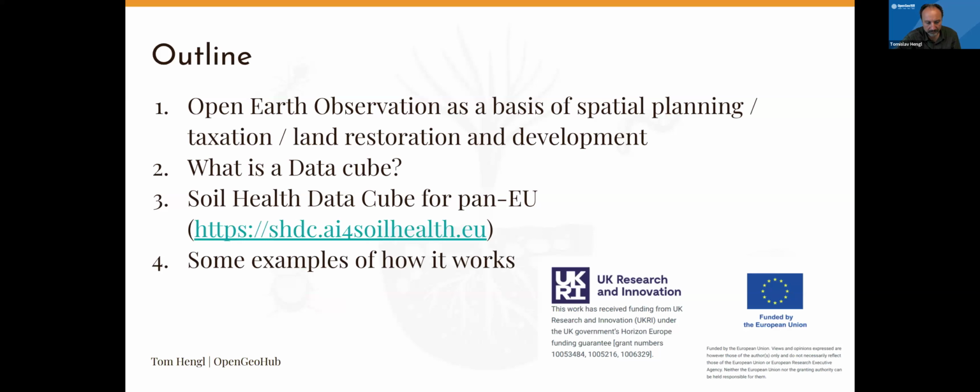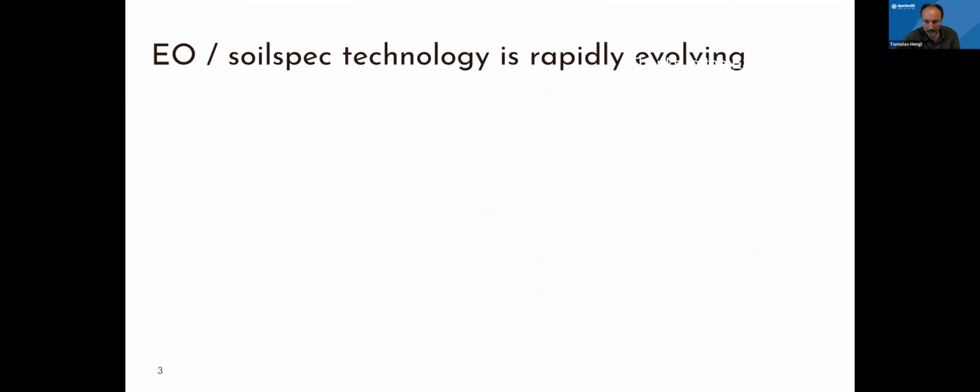I do feel that it's a good moment to also explain a bit what is a data cube, and then I will show some examples of how this Soil Health Data Cube could be used in real life applications. And I'm hoping to do a little demo, but let's see how it works. And this is a project funded by Horizon Europe, and also the UK part is funded by UK Research and Innovation.